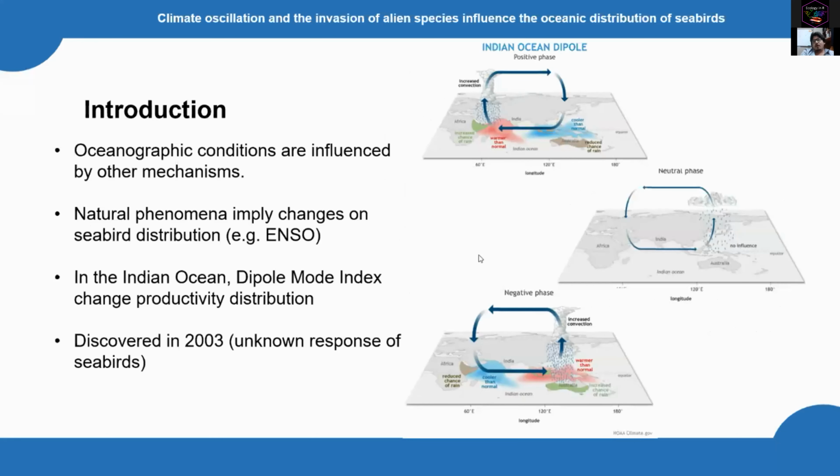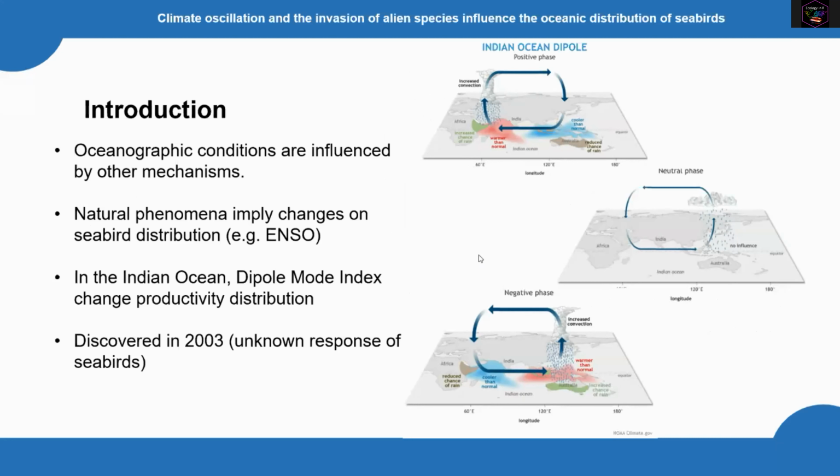Okay, we know about seabird problems. However, we also need to know that the oceanographic conditions that seabirds are related to are also influenced by other mechanisms. These mechanisms can be related to climate oscillations. Actually, in the earlier talk, Nicole talked about the El Niño oscillation, and this climatic variation changed the whole food web around the world.